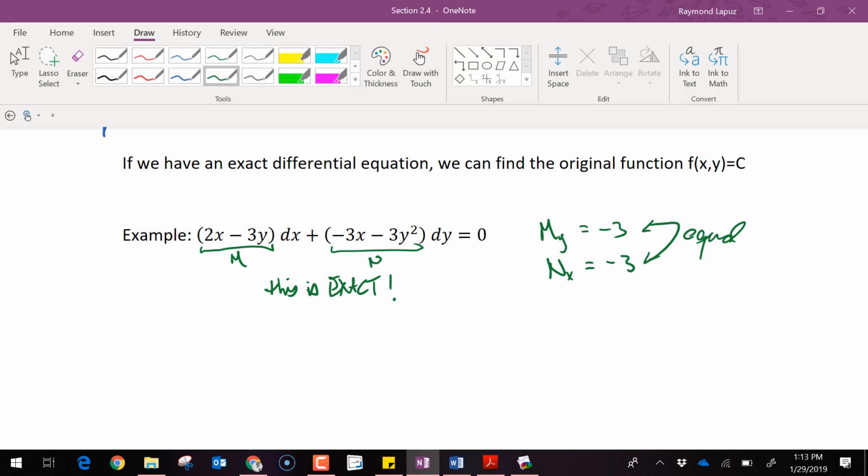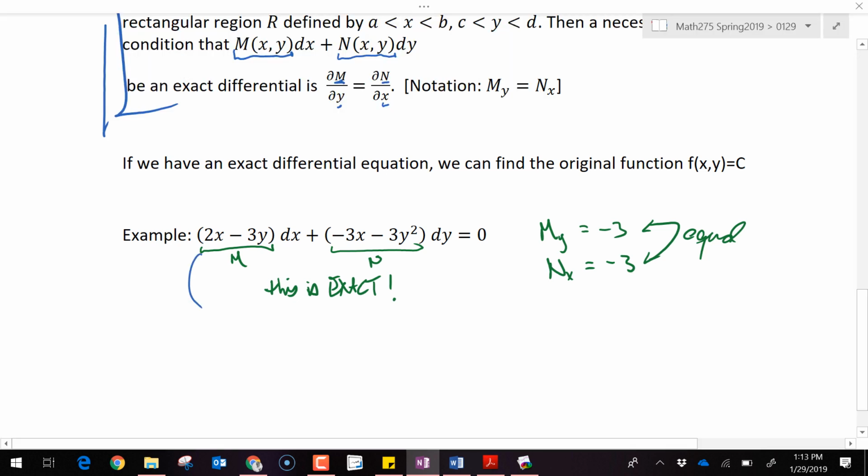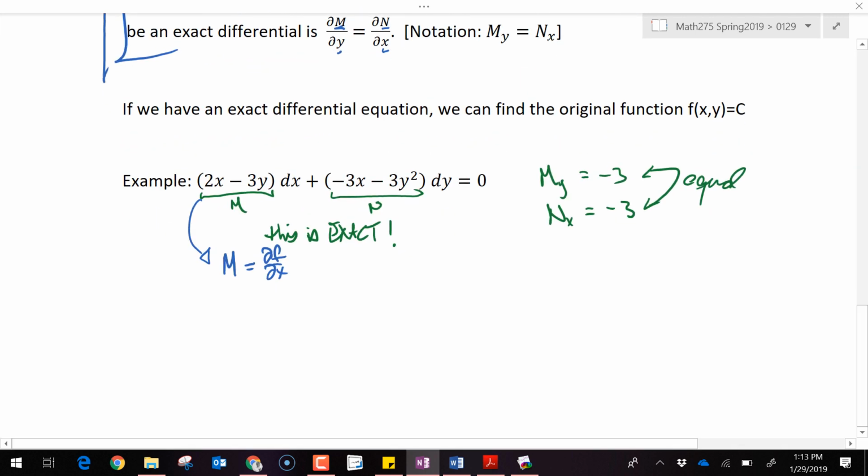Now the solving for it part will rely on the fact that this is a differential of some function. And so this m is actually equal to the derivative of f with respect to x at some point, right? So we're interested in finding f, the f function.